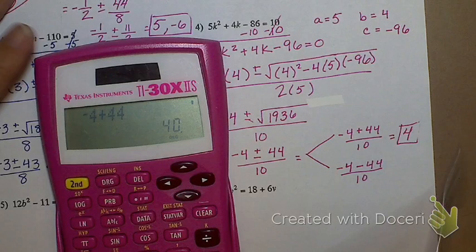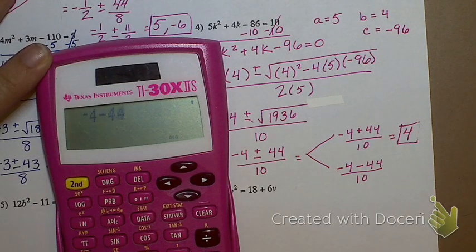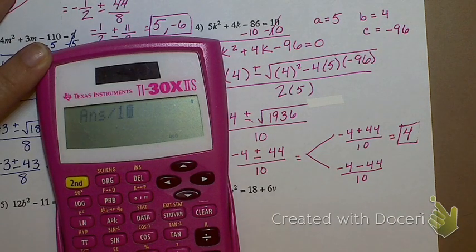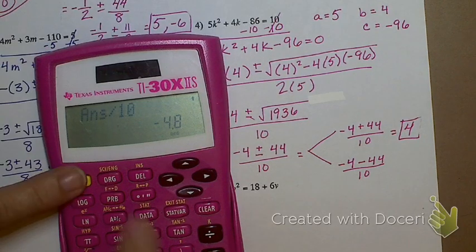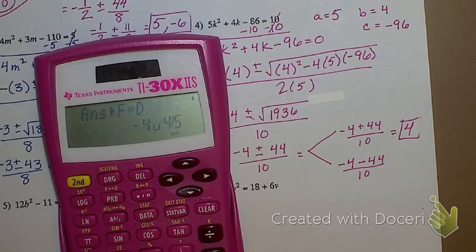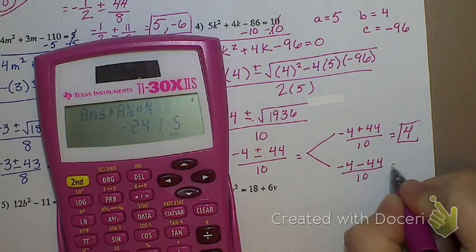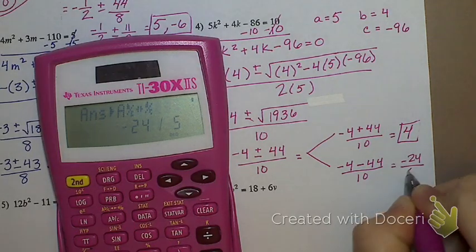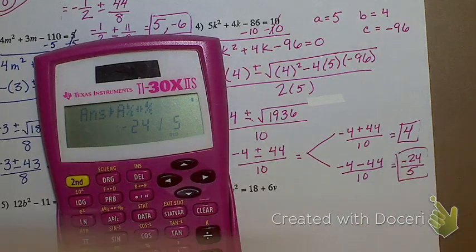There's one answer. And -4 minus 44 divided by 10 is going to be a decimal. Change it to a fraction and to a mixed number if you need to. -24 over 5. What's nice about using your calculator for the fractions is you don't ever have to worry about reducing. The calculator will always give you the most reduced form.